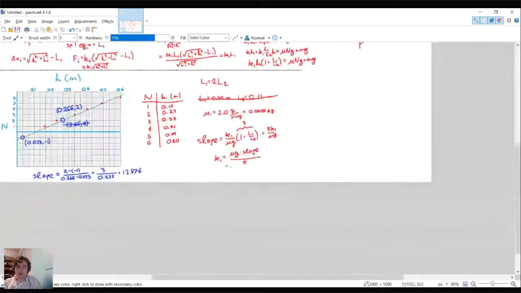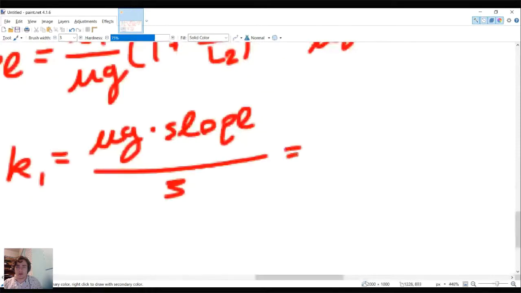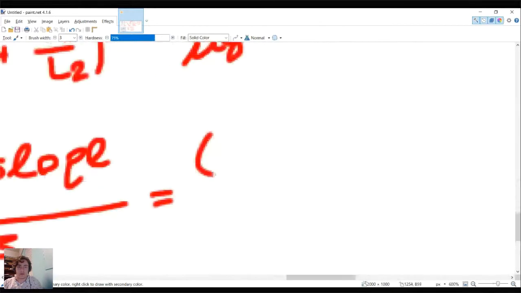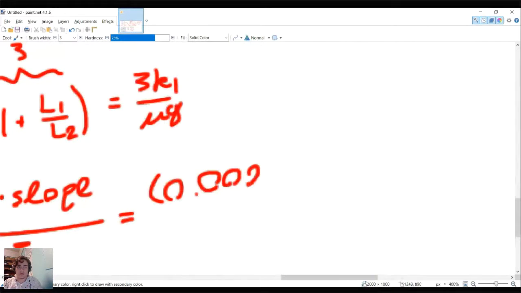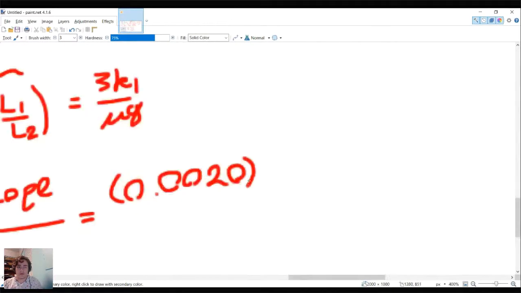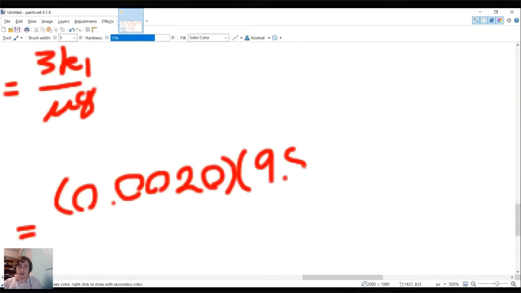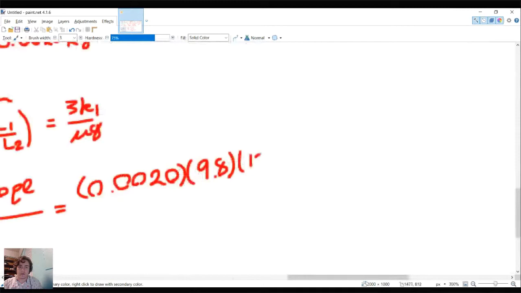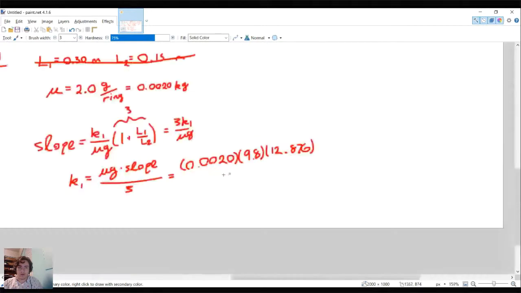So now we plug it in to find K1. And now we have the data. We have mu is 0.002 kilograms. So we get 0.002, g is just acceleration due to gravity, which is 9.8, times the slope, which is 12.876, divided by 3.